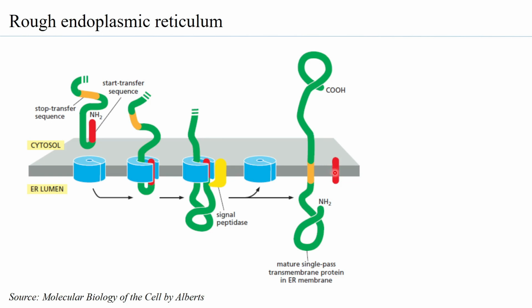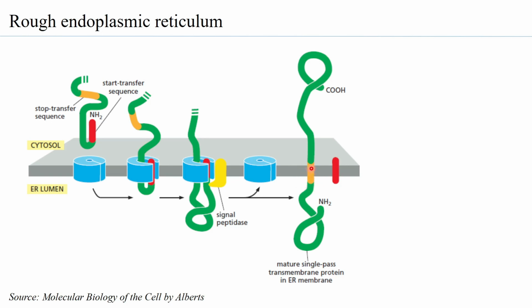The signal peptide is of course released by signal peptidase. So that is removed. Its job only was to ensure that the protein is translocating inside. Once its job is done, it is removed by signal peptidase. But there is no enzyme that is going to cut out the other series of hydrophobic amino acids.